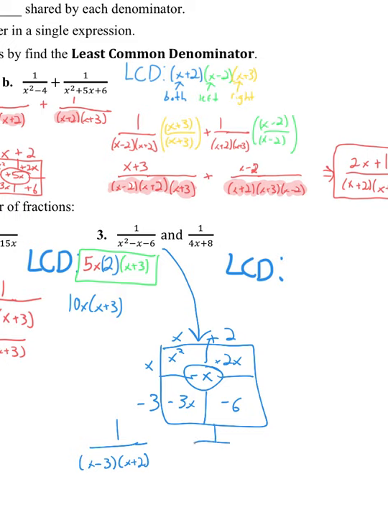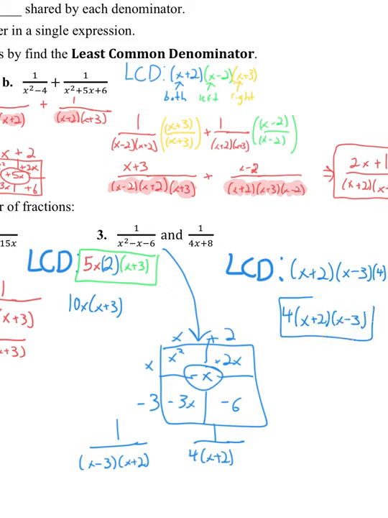Hopefully the other side also has an x plus 2, and it does when I factor out a 4. So it looks like both sides are going to have an x plus 2. The left side's also going to have an x minus 3, and the right side's going to have a 4. So I can write this as 4 times x plus 2 times x minus 3. There's my least common denominator. And that's how I would find those values for these types of problems.